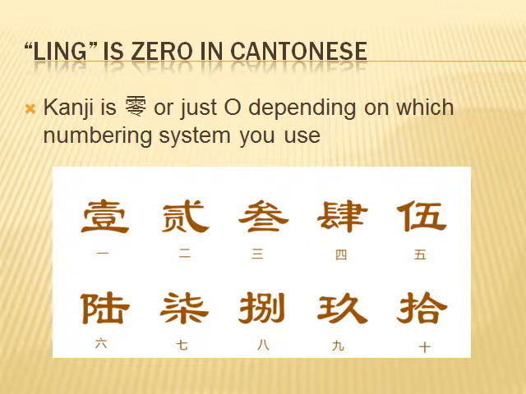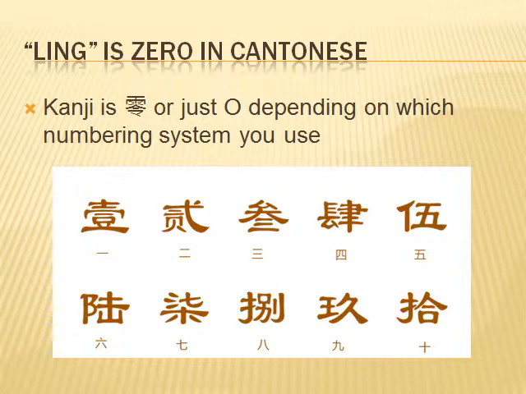One of them is the Arabic format that we are all accustomed to, where that big O for 0 is very similar, but we also have two separate kanji numbering systems, especially for numbers from 0 to 10.